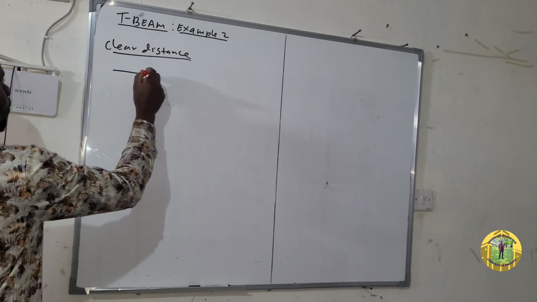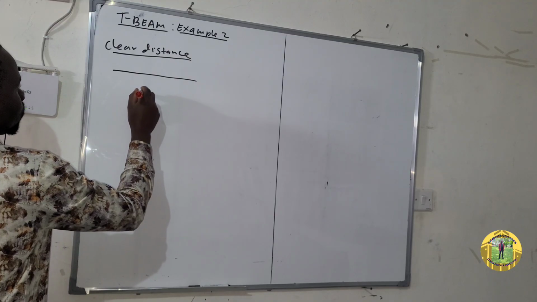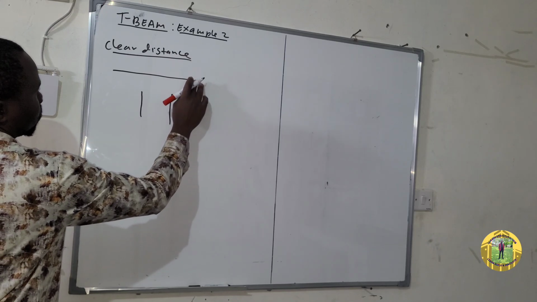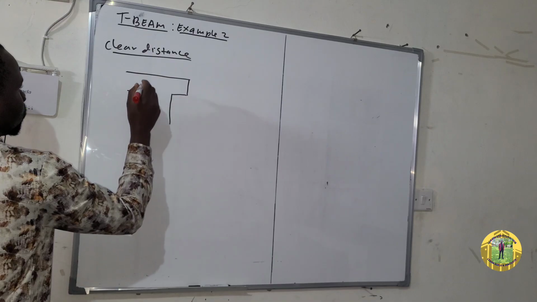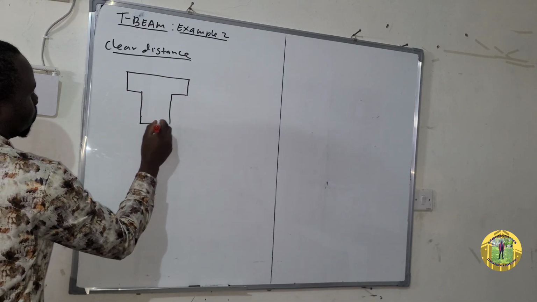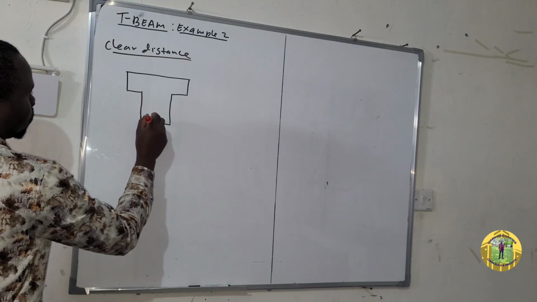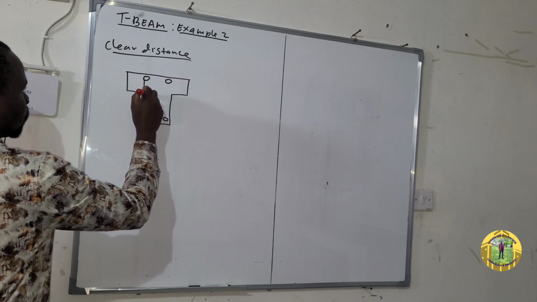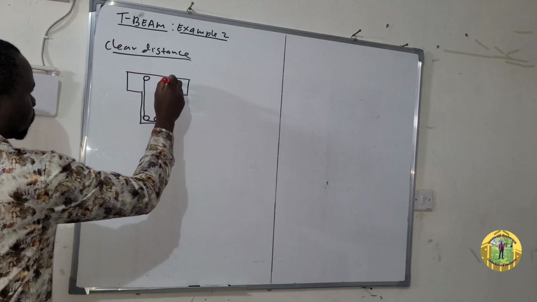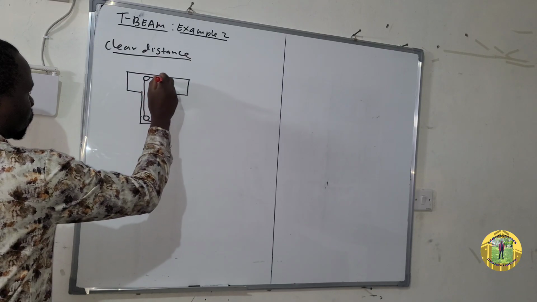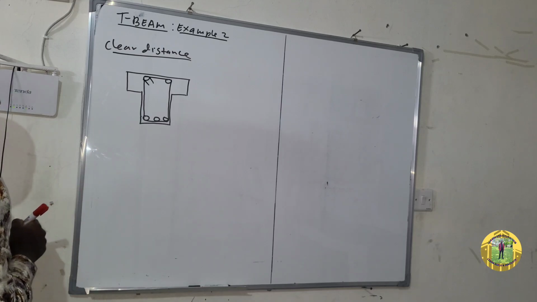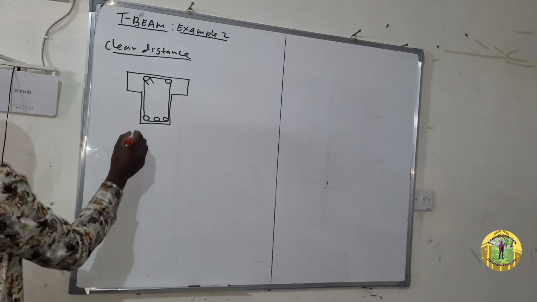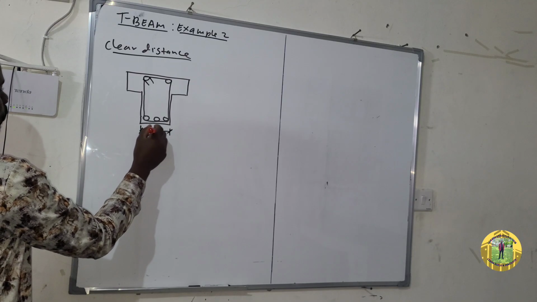So if this is our beam, the clear distance is the distance between these two bars and these two bars. So this distance is 250.